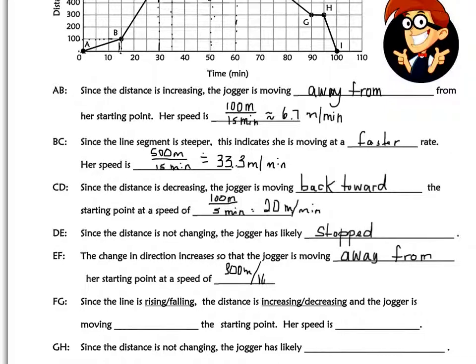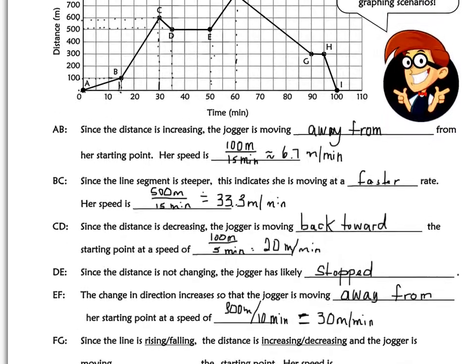That would be exactly 300 divided by 10, which is 30 meters per minute.